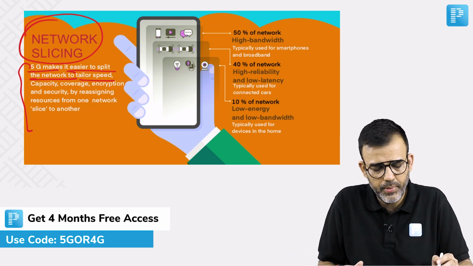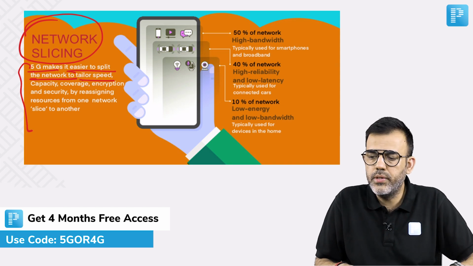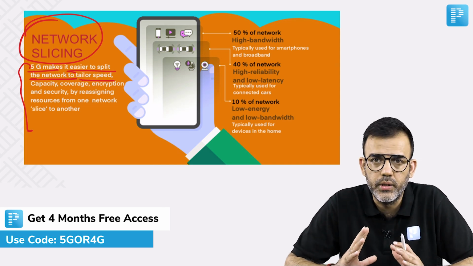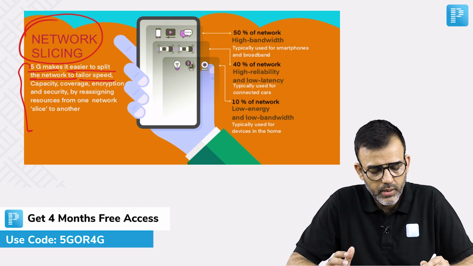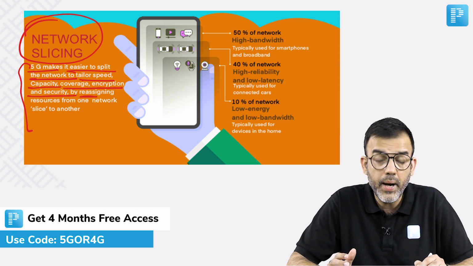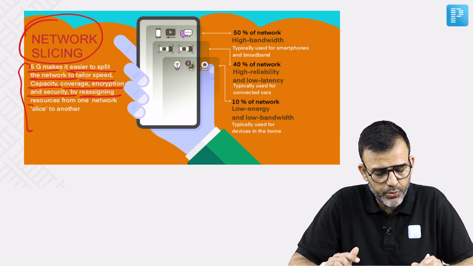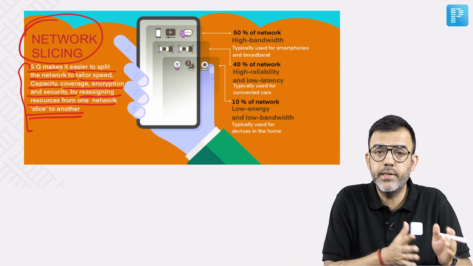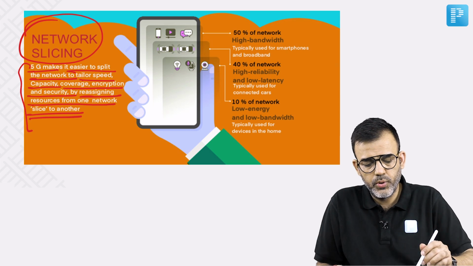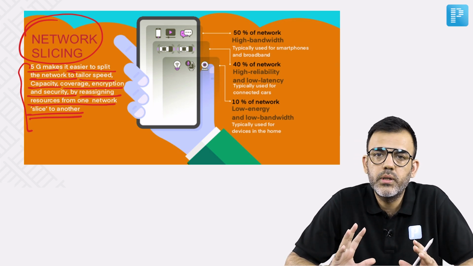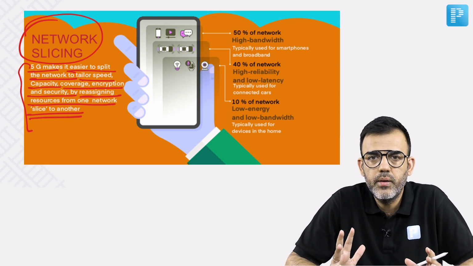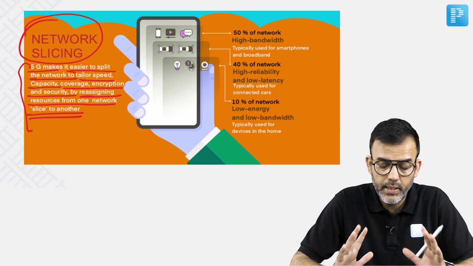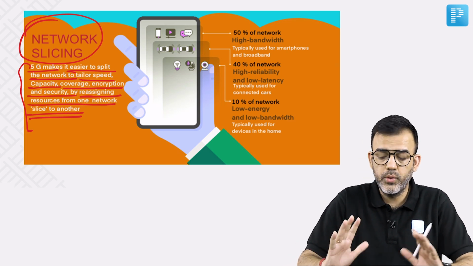This is the concept. So 5G makes it easier to split the network to tailor speed, capacity, coverage, encryption and security by reassigning resources from one network slice to another. In this way, network optimization can be performed, and this is again a very big advantage of 5G over 4G.